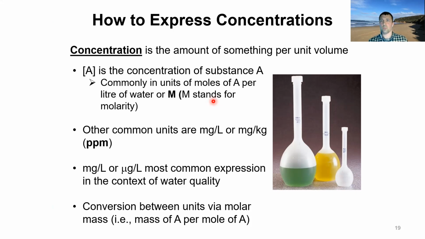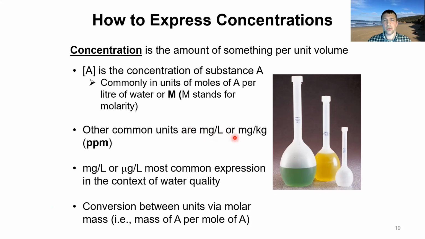A lot of what we do, though, I think, especially in the week 1 prac, we'll be looking at water quality parameters where dissolved substances are presented as mass per unit volume or mass per mass of water. So milligrams of, say, phosphorus per liter of water.